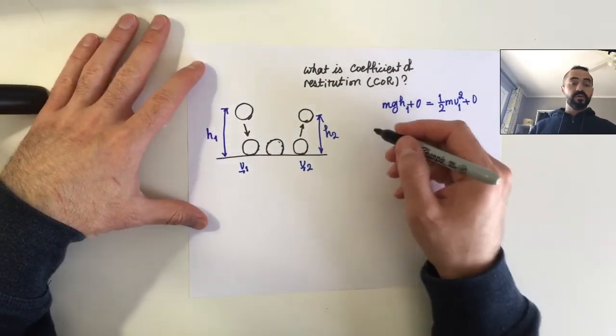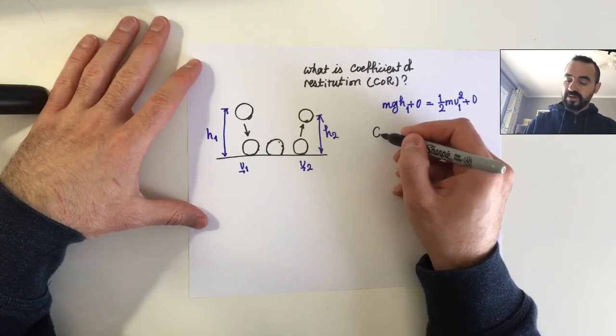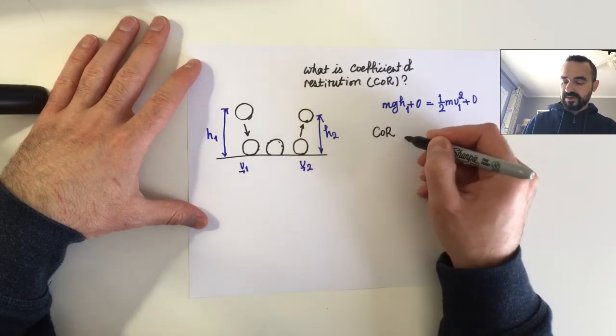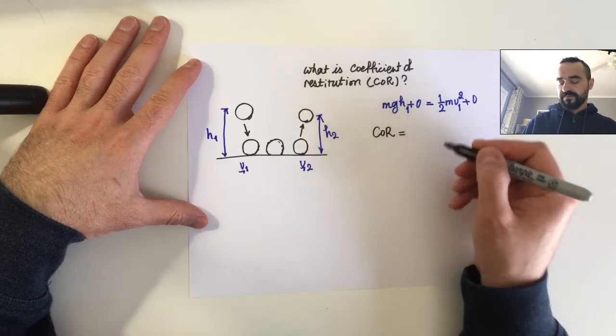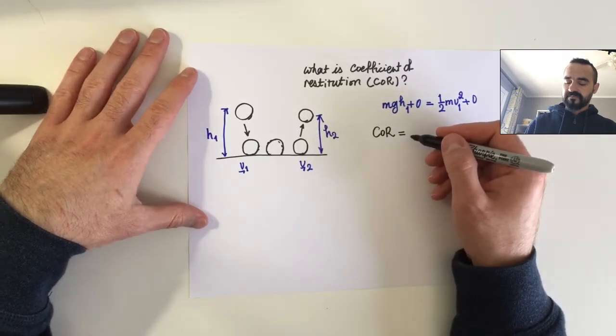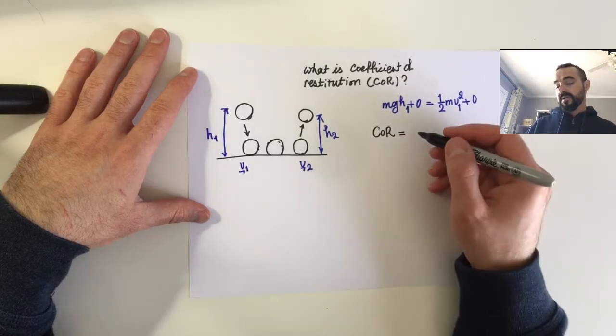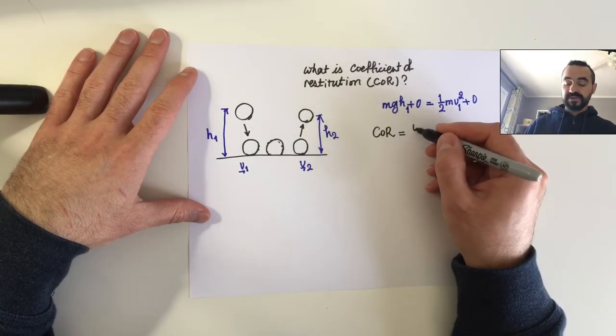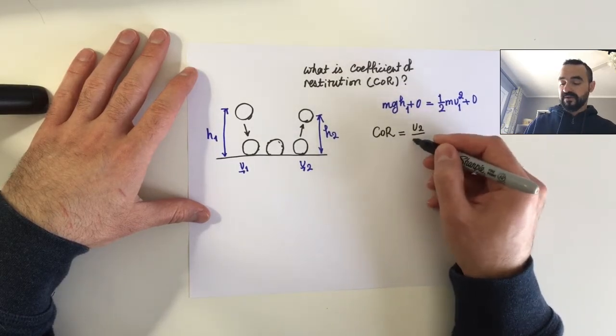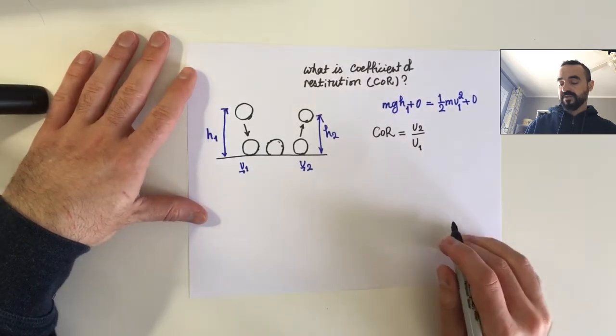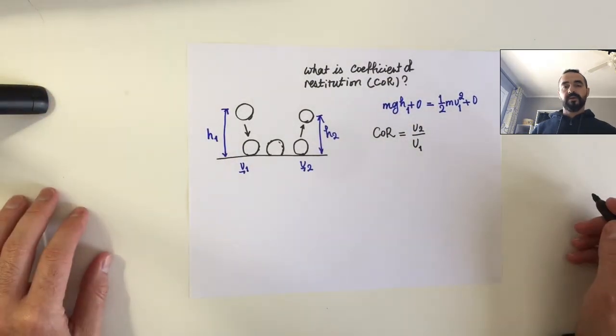Alright, so now I want to define coefficient of restitution. I define the coefficient of restitution as v2, the magnitude of velocity, over v1.